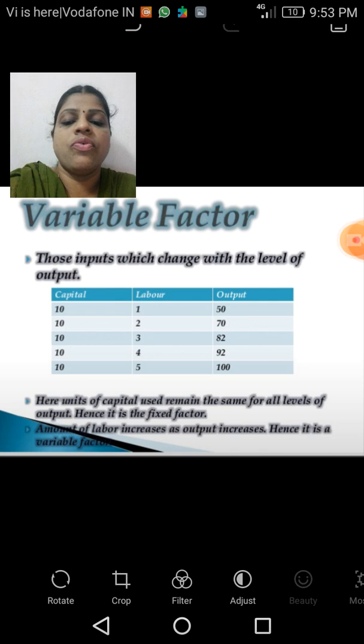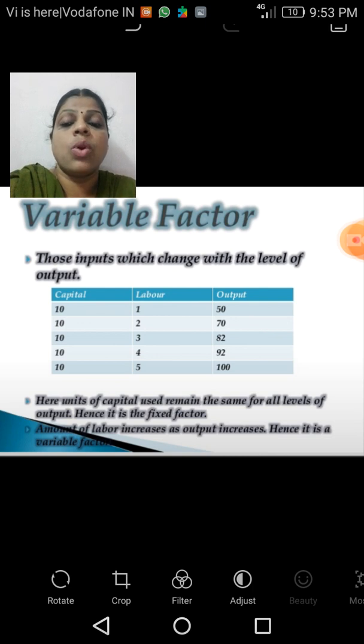In the fourth, we can see 92 units of output, and the last one is 5 units of labor and 10 units of capital combined to get 100 units of output. So here the units of capital used remain the same for all levels of output. Hence it is the fixed factor.